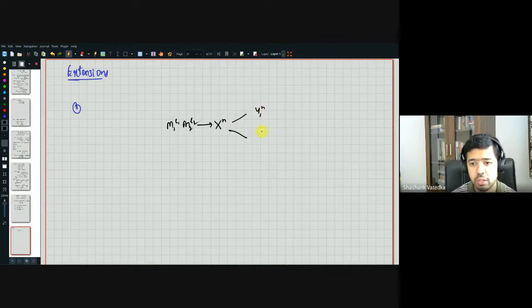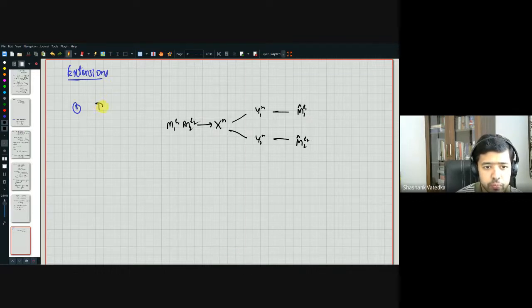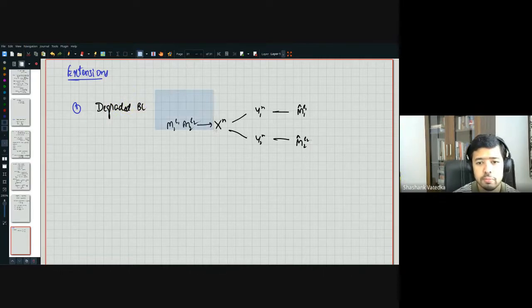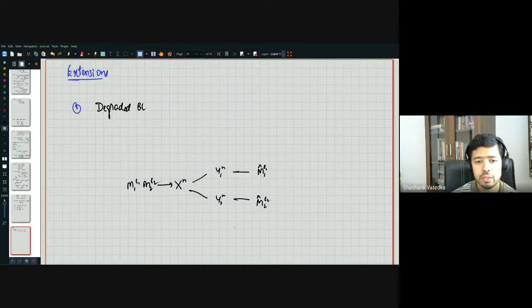User 1 gets Y1^n, user 2 gets Y2^n, and from this user 1 has to decode to get M1, and user 2 has to decode to get M2. We assume that this is degraded, and that M1 and M2 are independent of each other, right?